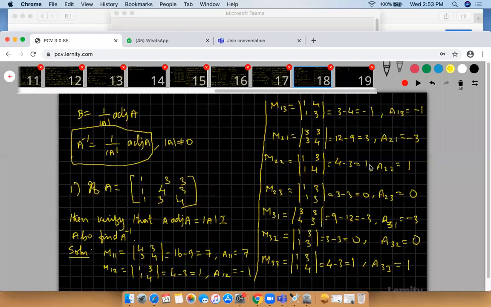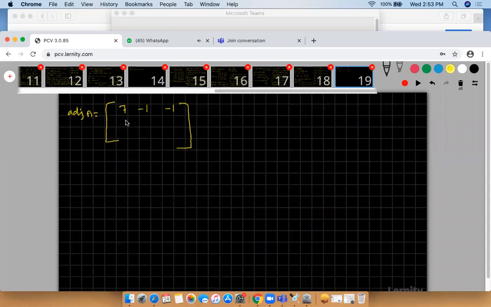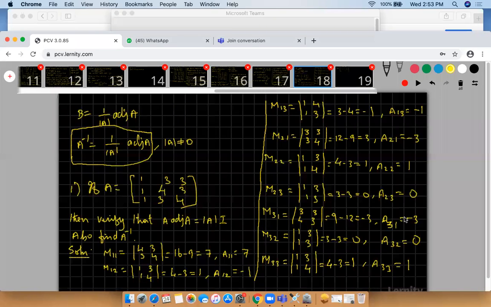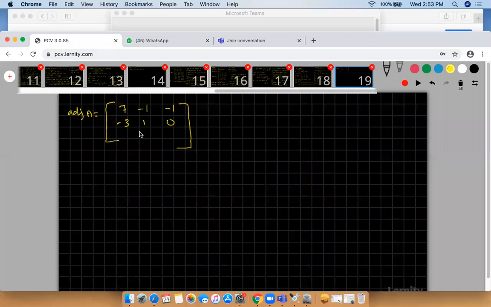And here this is minus 3, 1, 0, and here look at that, minus 3, 0, 1. And finally take a transpose. That is important. You write the cofactors in order and take a transpose. I'm just writing all the cofactors and taking a transpose. That is my adjoint of A. That is the definition.